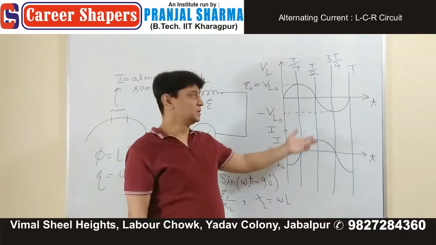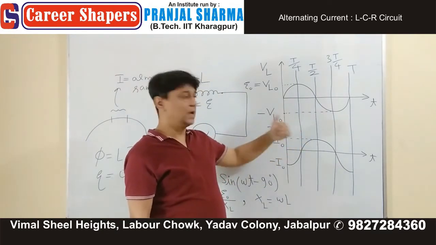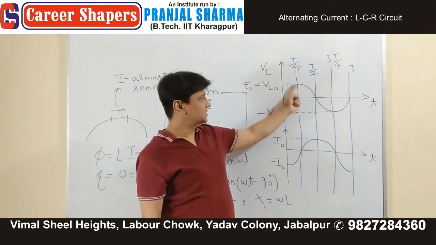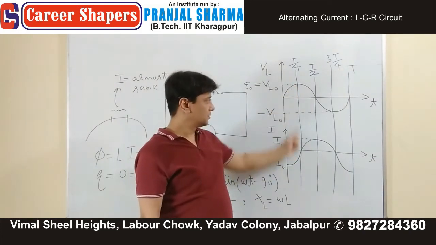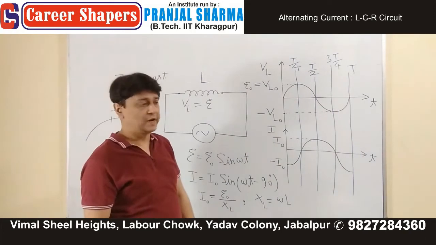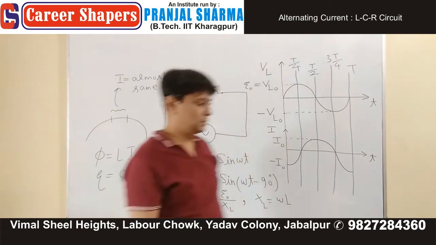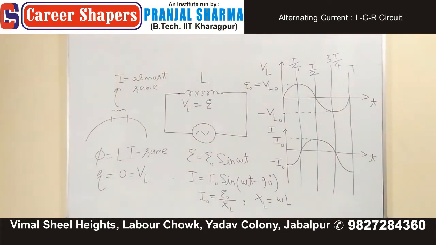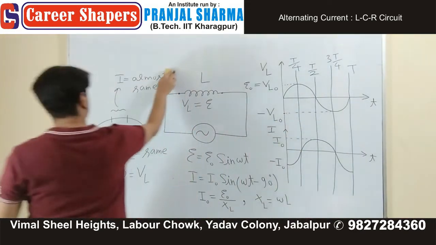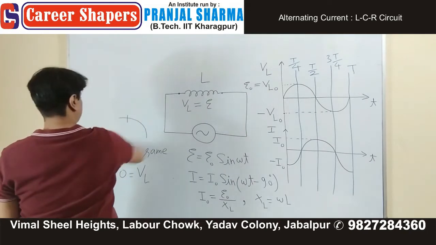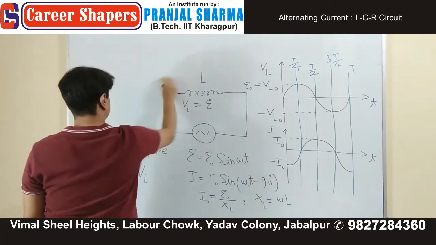And that's the reason we see maximum value of VL. And this thing explains the meaning of phase difference of 90 degrees.